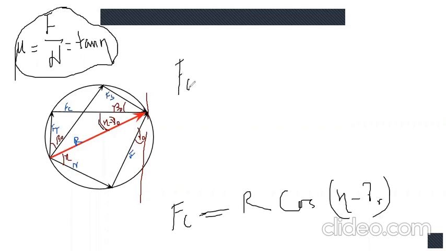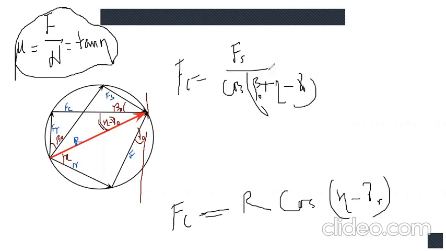Fc equals, putting the values of R, Fs by cos of beta naught plus eta minus gamma 0, into, this is the value of R, into cos of eta minus gamma 0.